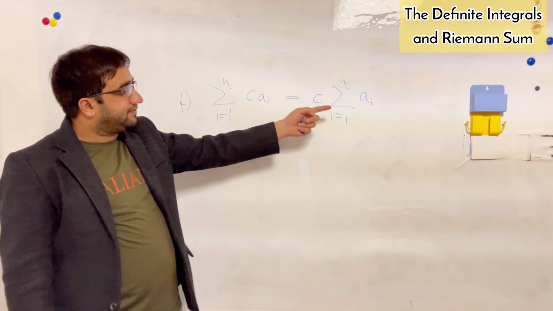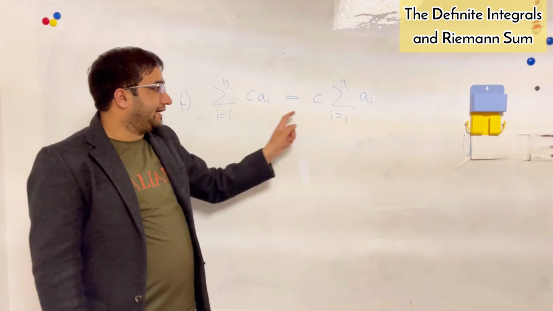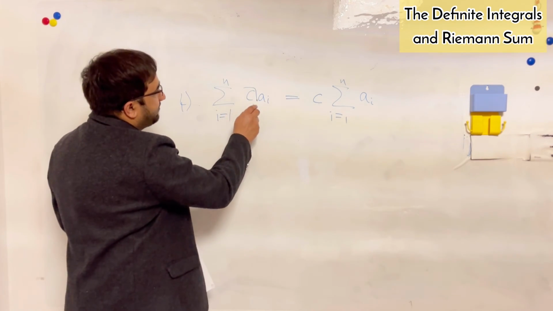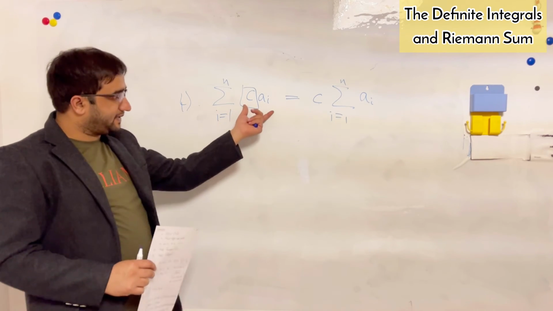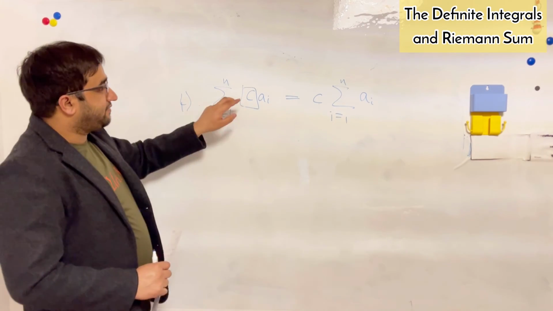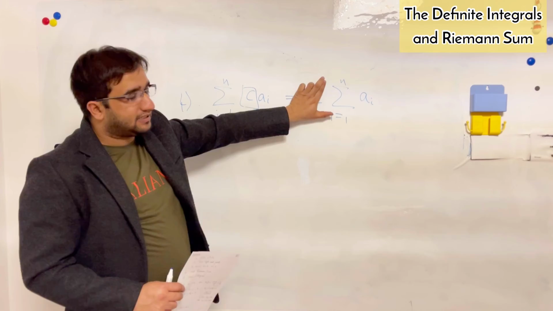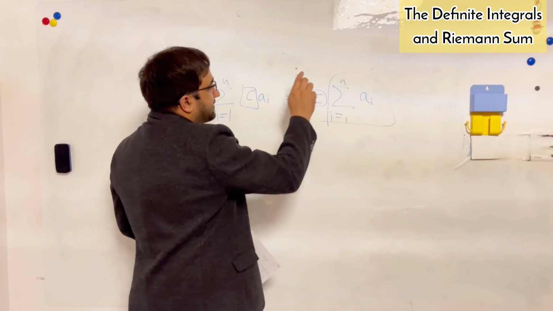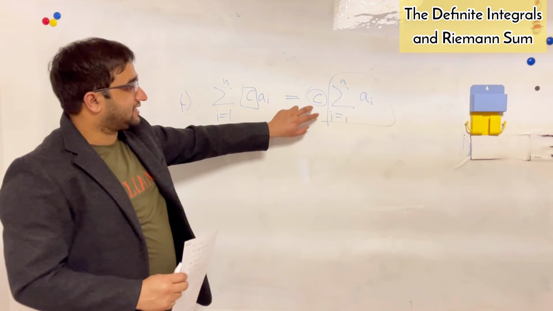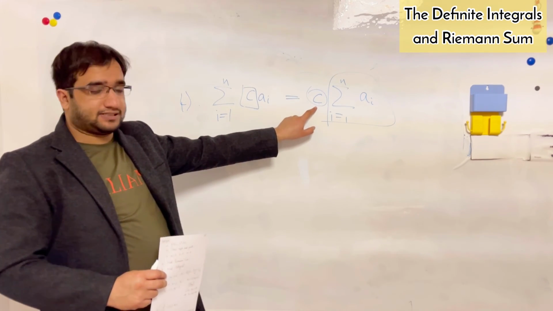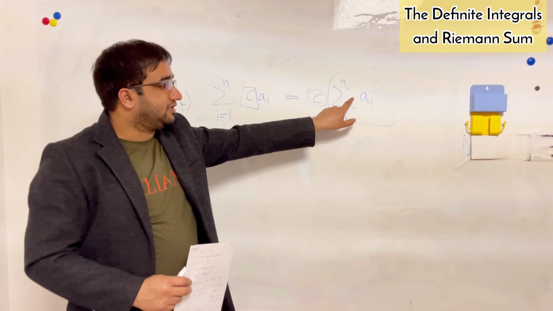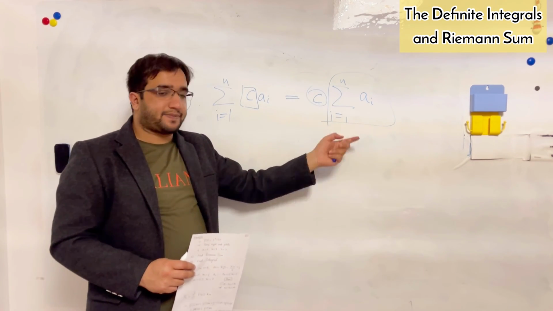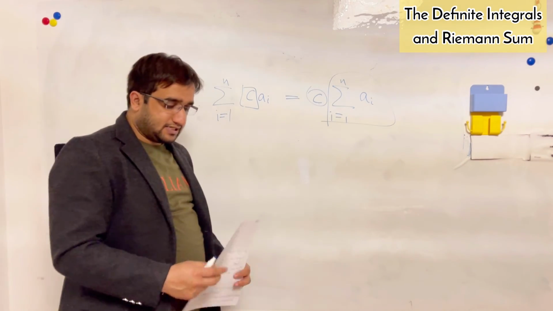But if you already have some term having i, then you don't need to keep c inside. You can keep it inside, it is your choice. But if you just keep it outside, still the answer will be the same. Do the things on this part and just multiply it later on. So just keep it outside if it is a constant. If it is not a constant, if it depends on this i, then you are not allowed to take it out.